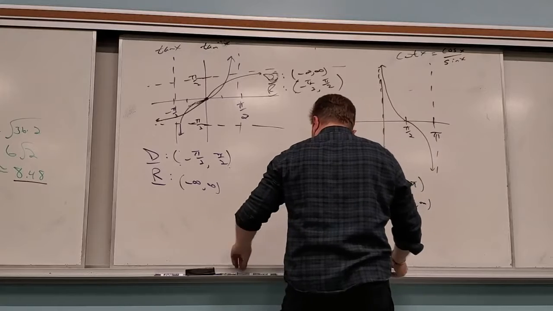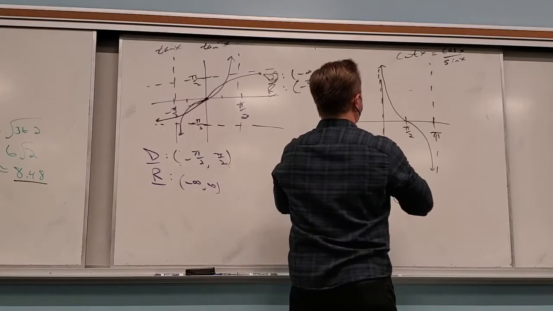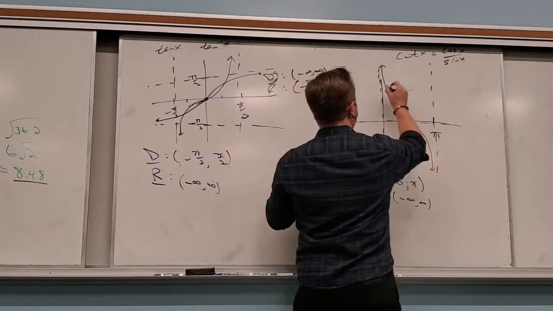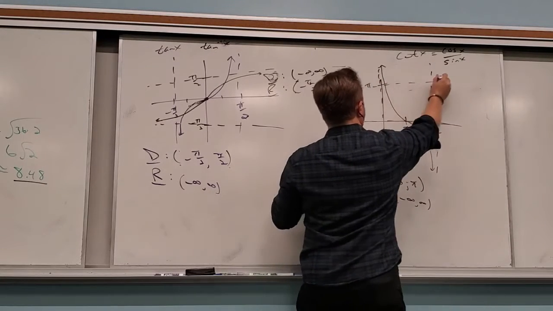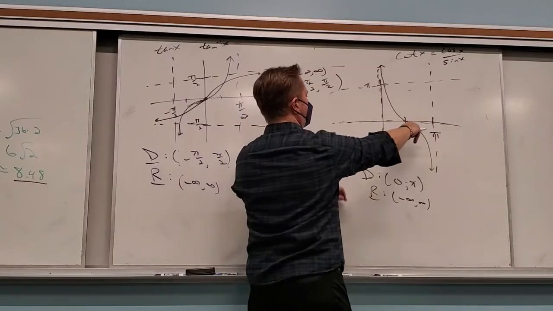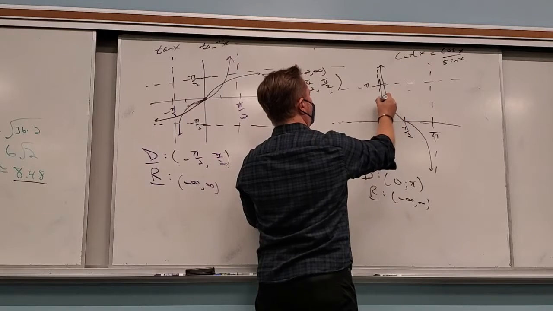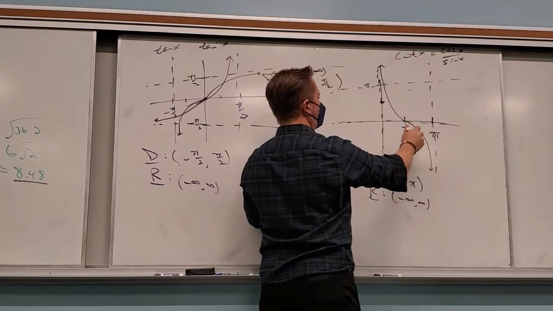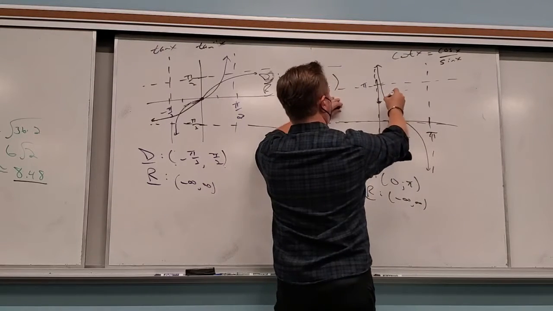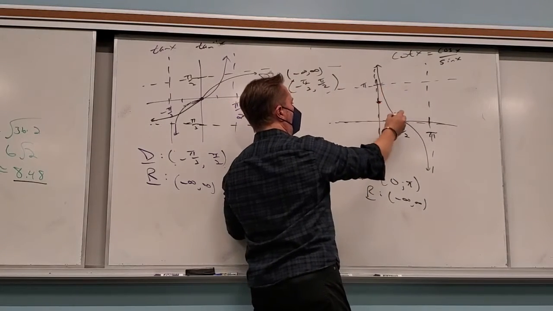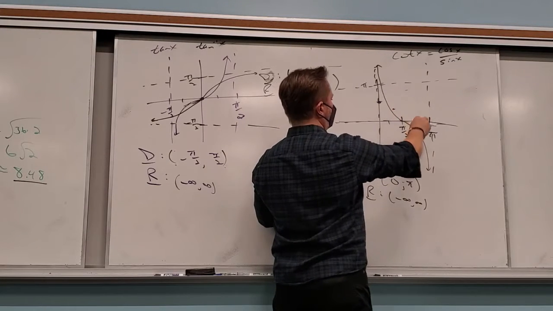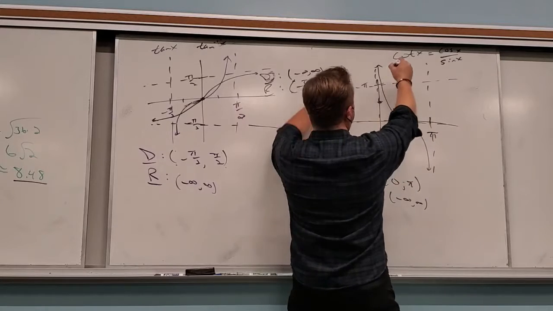So the inverse cotangent is going to go from 0 to pi. For example, 0 goes to pi over 2, and 1 goes to pi over 4, roughly.